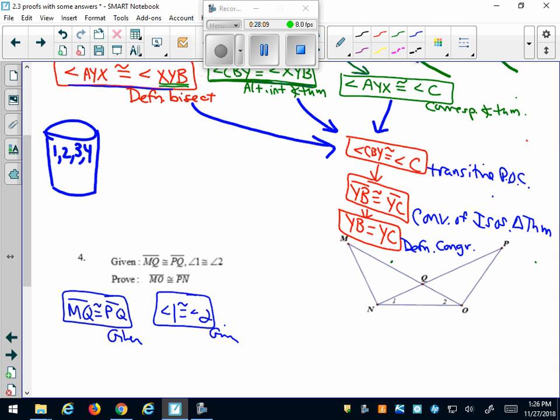MQ, that's this one, is congruent to PQ, that's this one. But notice it's just to here, right? MQ and PQ, congruent. Then we can say angle 1 is congruent to angle 2, because that's given.